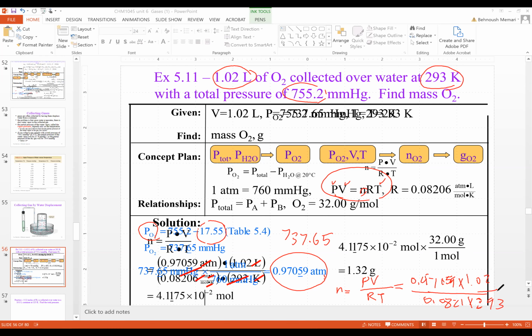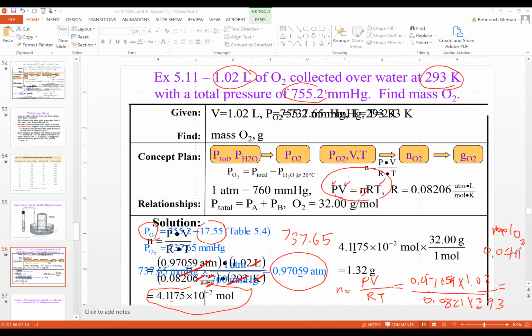So we have the value for n. The value for n would be calculated as 0.0411. This is the moles of O2.